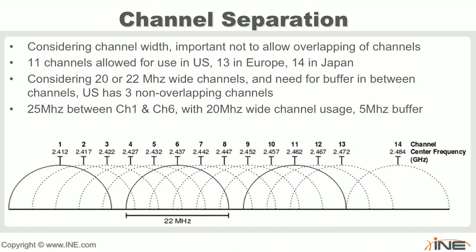So now let's get back to channels and let's look at channel separation. Whenever we consider channel width, whether we're talking about 22 megahertz in the old standards, 802.11b and plain 802.11, or 20 megahertz bandwidth in 802.11a, g, and n, although 802.11n can use up to 40 megahertz wide channels, and those would typically be done in the 5 gigahertz range because of what we're about to see here with only 3 non-overlapping channels in the 2.4 gigahertz range.